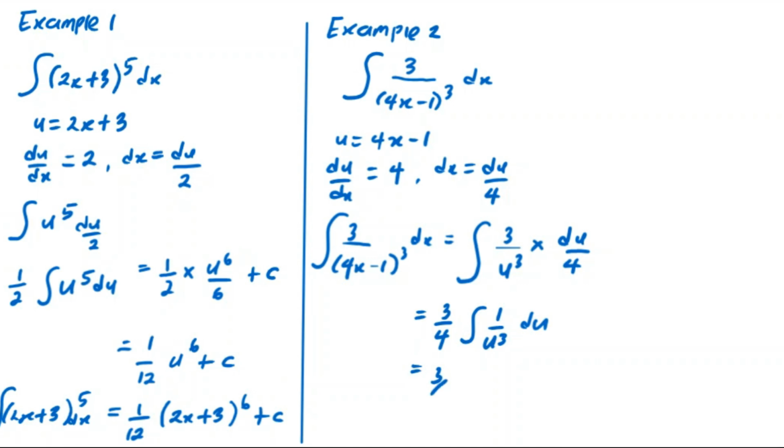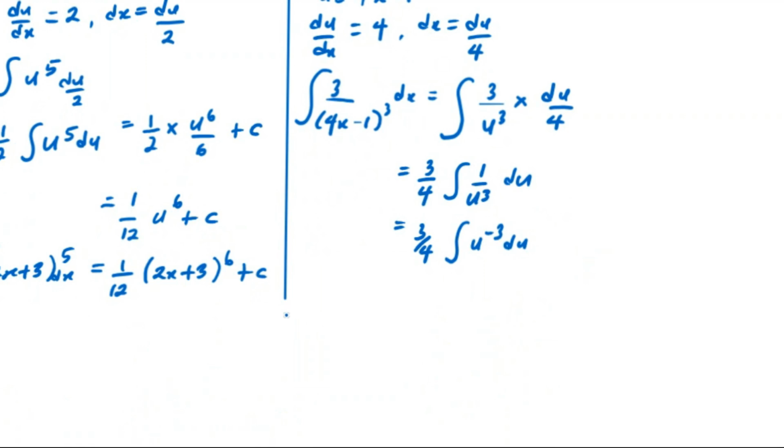So this will give us 3 over 4 times the integral of 1 over u raised to the power 3, which is the same thing as u raised to the power minus 3 du. So basically, if we use the AD method to solve this, it will give us 3 divided by 4 multiplied by, if you add 1 to the power, u raised to the power minus 3 plus 1, which is minus 2, divided by that new power minus 2, plus arbitrary constant c.